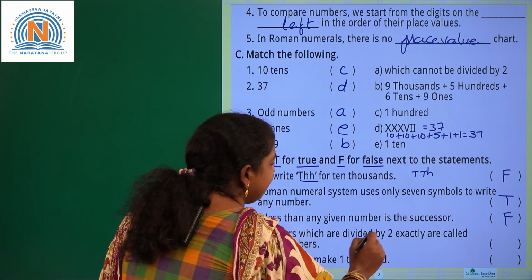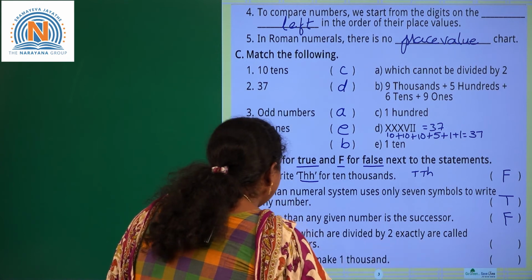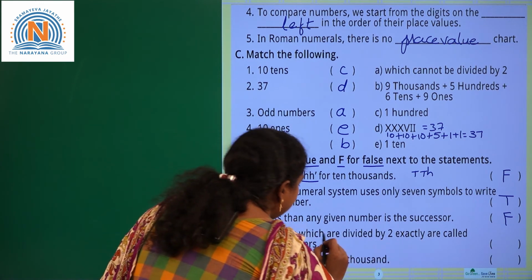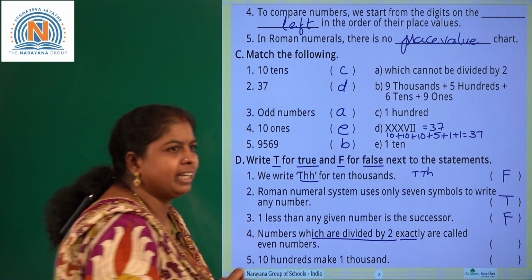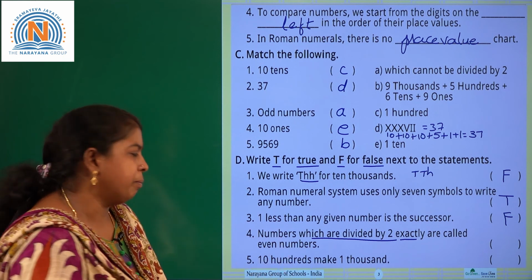Numbers which are divided by 2 exactly are called even numbers. Yes, numbers which are divided by 2 exactly, that means without any remainder, are called even numbers.